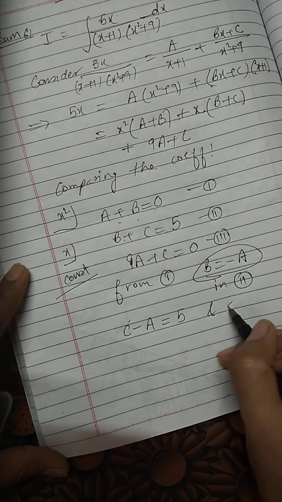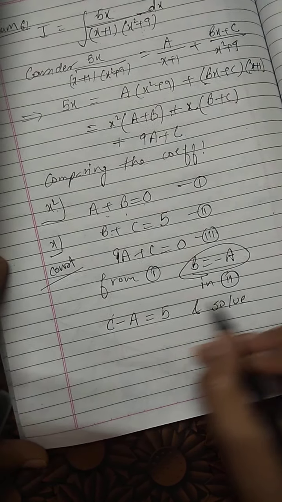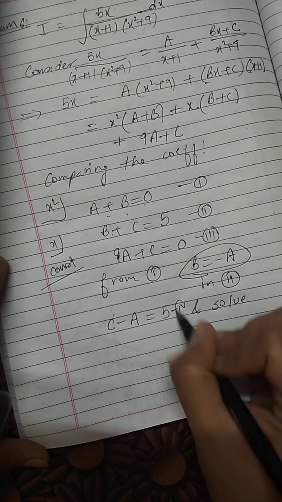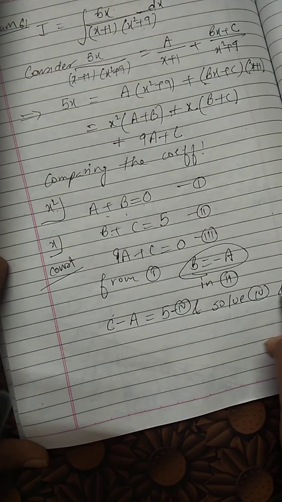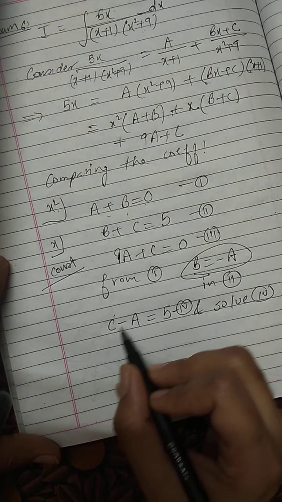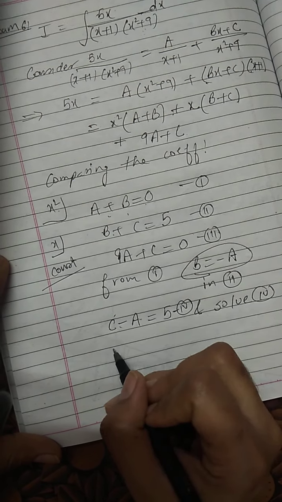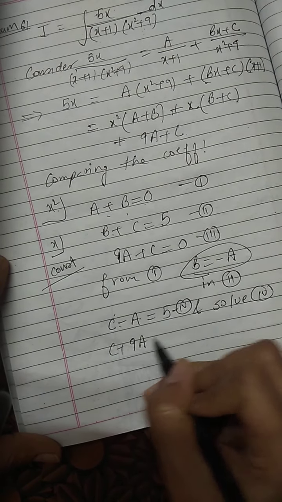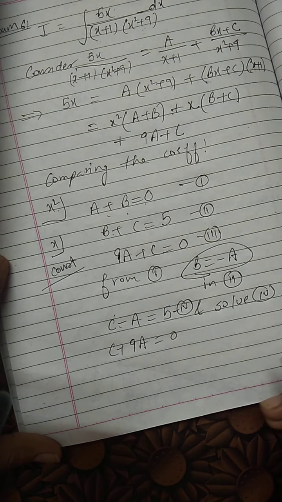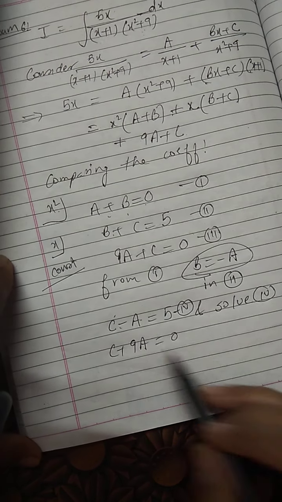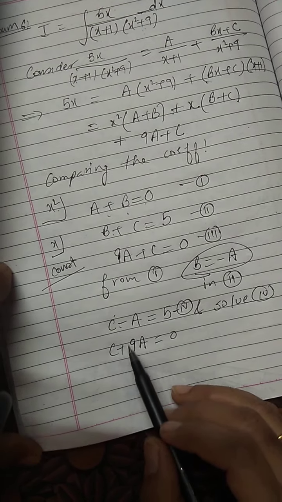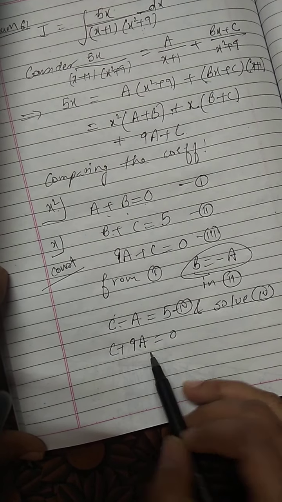And we will solve this, let us say fourth. Solving fourth and third, we have c minus a equals 5 and c plus 9a equals 0, right? So what we can do here is subtract the fourth from the third.